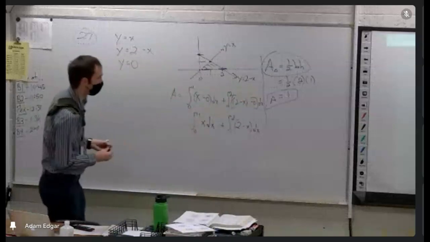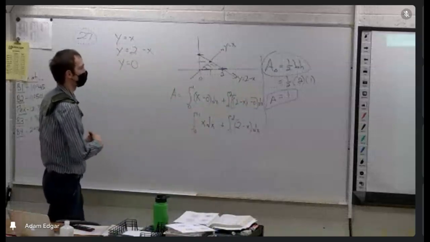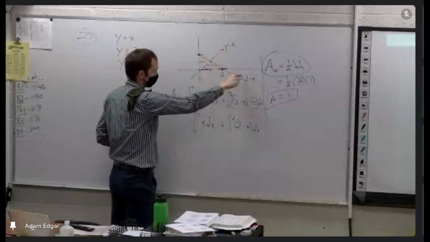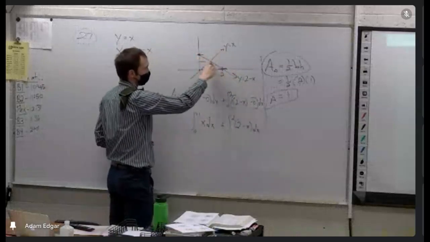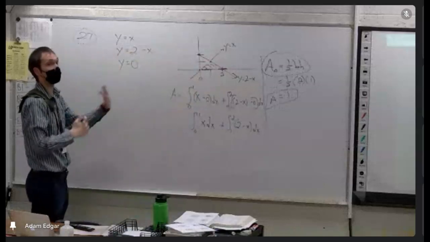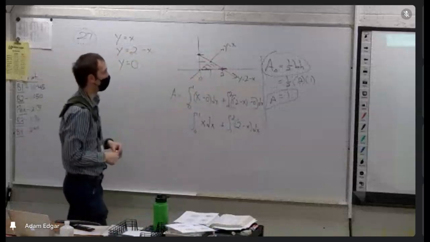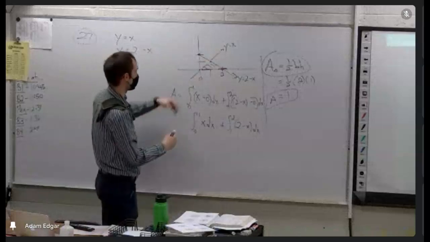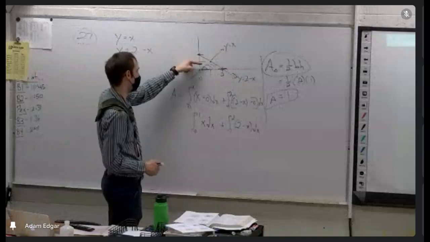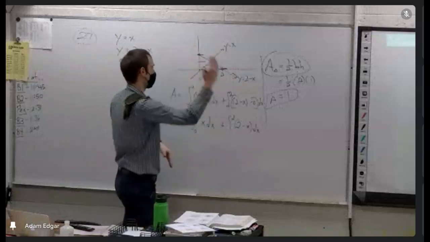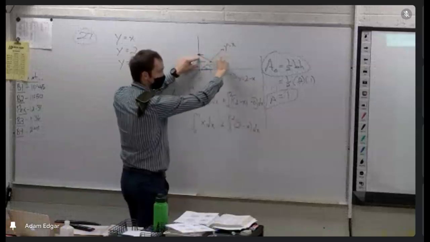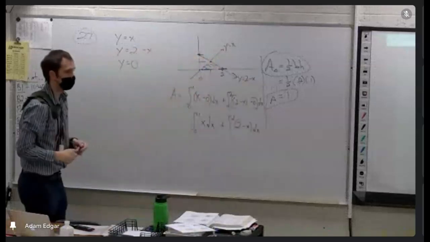The region bounded by these 3 curves is this triangle down here. If they say the area between the curves, that means above one curve and below the other. And then they have to give us x equals 0 and x equals 2, and we would be finding these 2 triangle areas. You know what I'm saying?